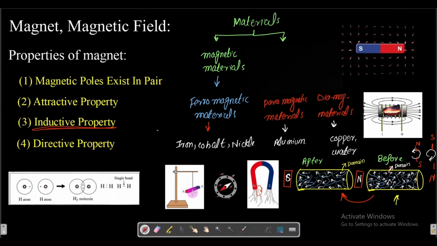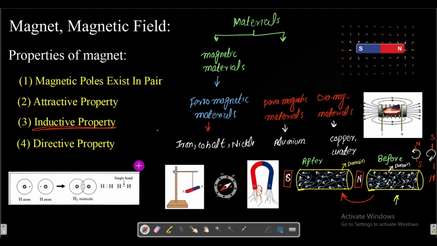And this is actually the directive property of a magnet. If we hang a magnet, the north of this magnet will align itself toward the south of the geographic magnet of the earth, and this south will be attracted toward the north of the magnetic field of the earth.